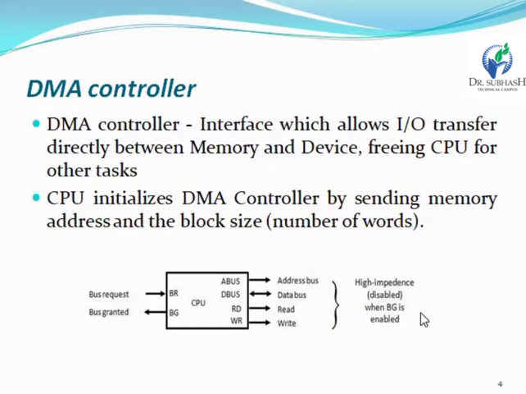If the BG signal is disabled, then it goes to the high impedance state. So what are BR and BG? BR is the bus request sent to the CPU, and the CPU's granting signal is called the BG signal.